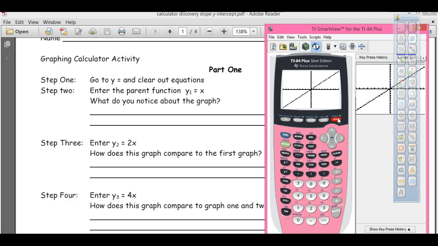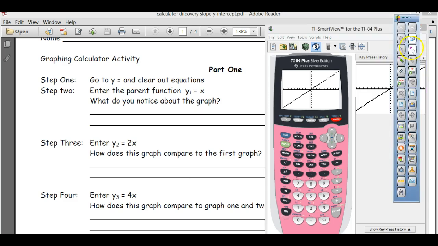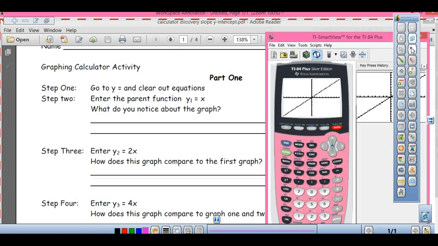All right. So we want to know what we notice about the graph. When they ask that, they're asking stuff like, where does it cross the y-axis? 0. So it crosses 0, 0. And what's my slope of this?